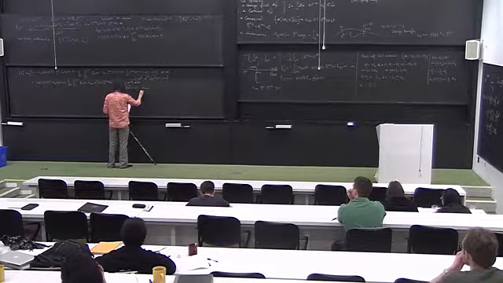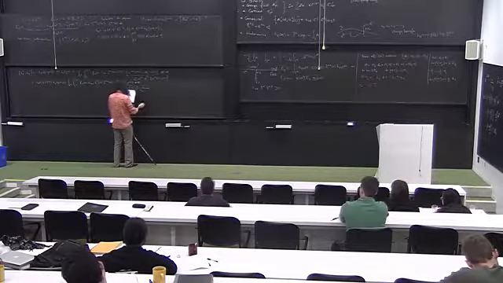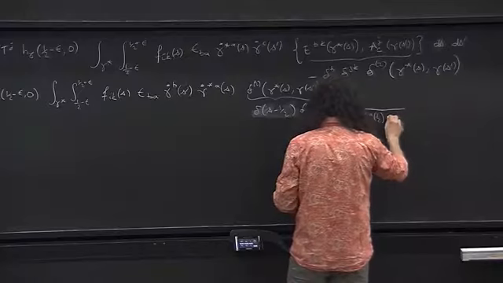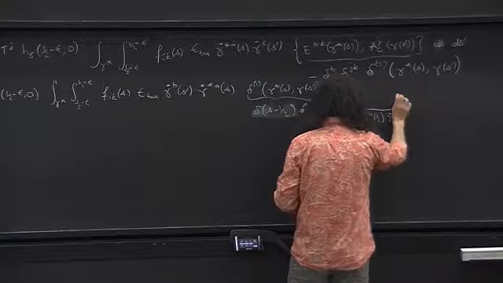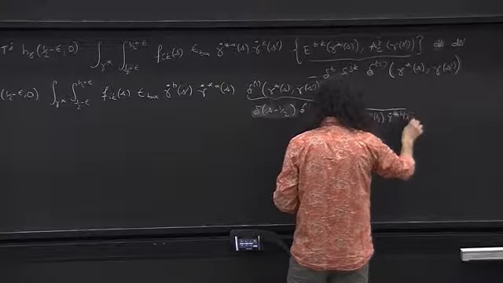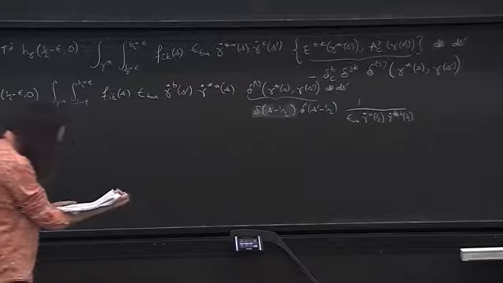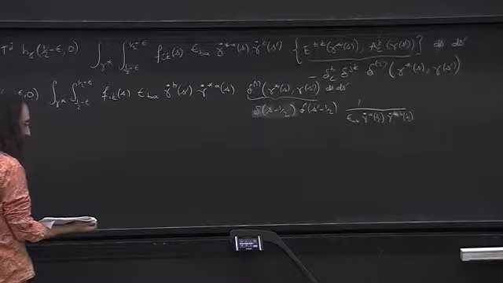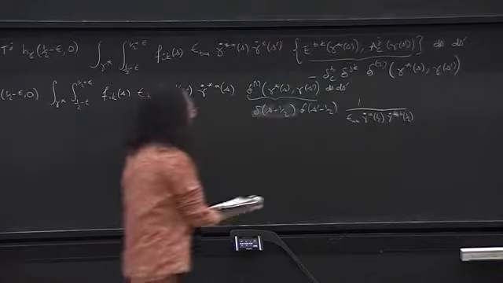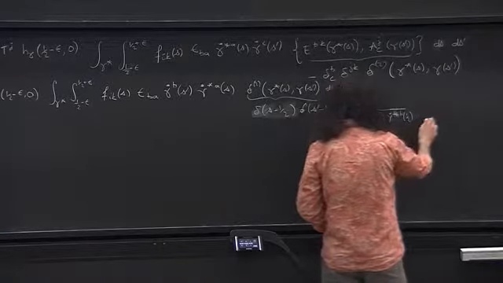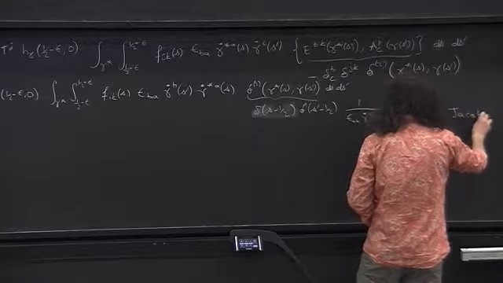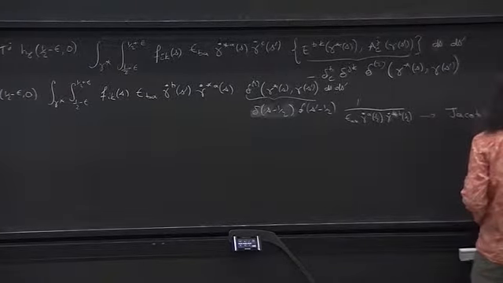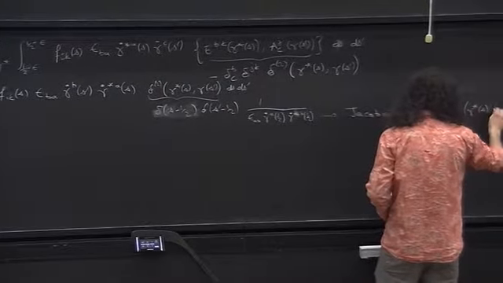So epsilon AB. So this contribution here is the Jacobian of the change of variables from S, S prime to gamma star of S, gamma of S prime.